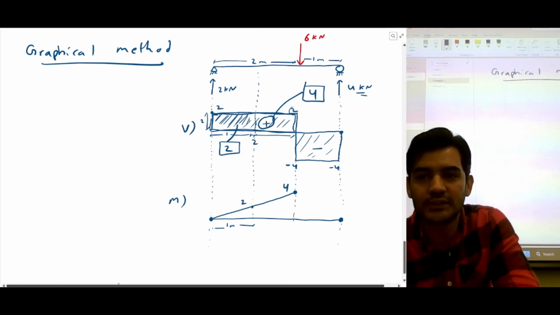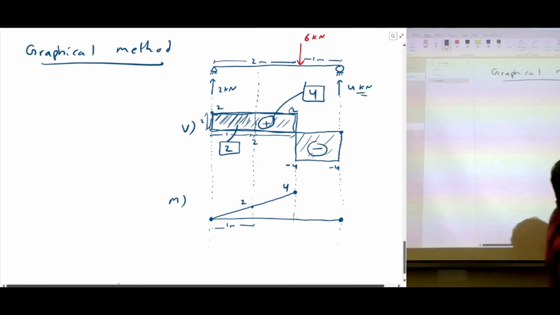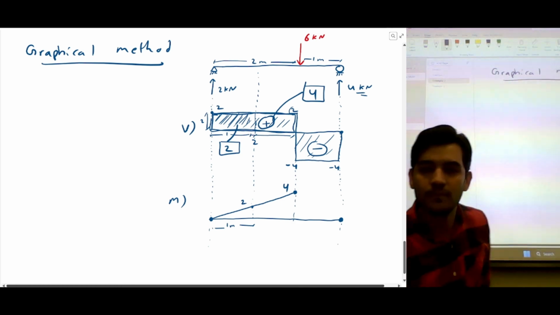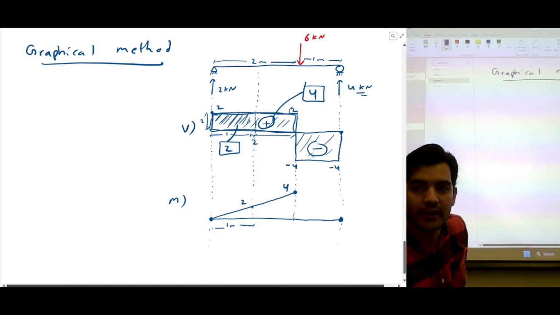So it is positive. Now this area is negative. Before, it was positive shear force, so I was adding the areas, right? Now you have a negative area, so I'm going to subtract this entire area. If I want to calculate a point here, you already have area 4, right? So I'm going to subtract this entire area.